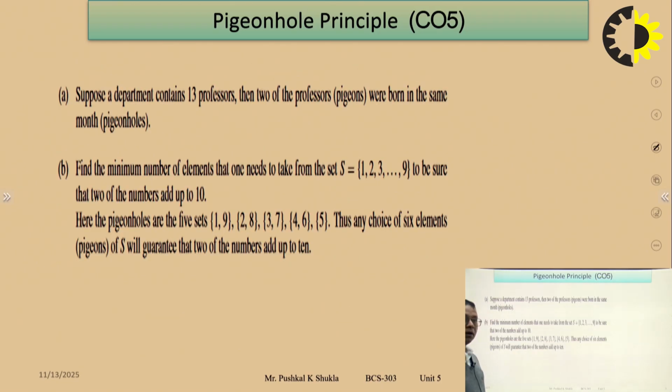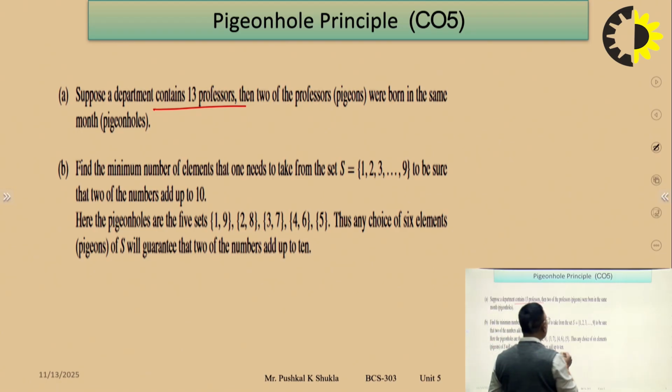Just for example, suppose a department contains 13 professors. Then two of the professors, treated as pigeons, were born in the same month, like a pigeonhole.